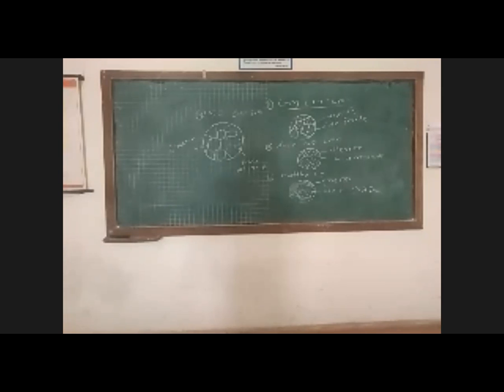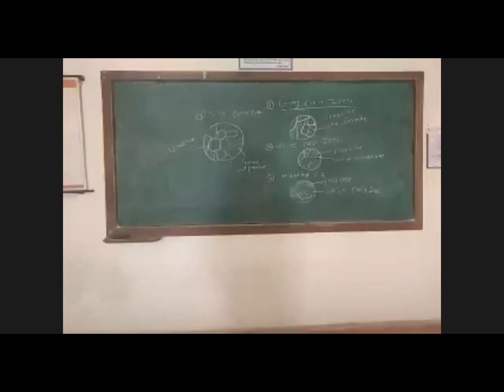Gray cast iron, pearlite plus ferrite is there. If you observe these structures: gray cast iron, pearlite plus ferrite; white cast iron, pearlite plus cementite; then malleable cast iron, that is gray cast iron and white cast iron; and SG, circular graphite along with ferrite and pearlite.